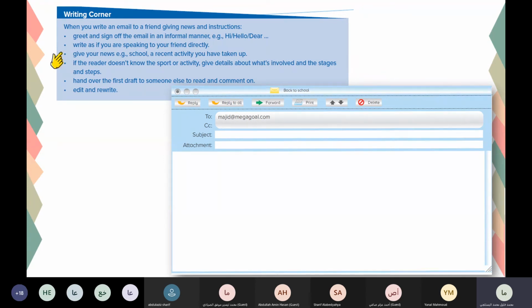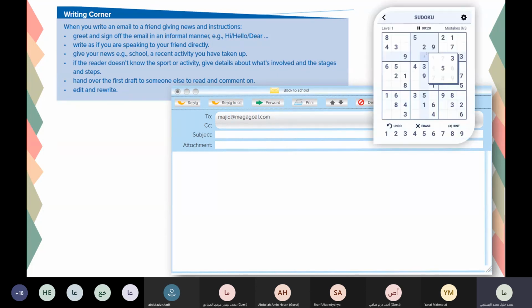To give your news, for example, talk about your school, a recent activity you have taken up, etc. If the reader doesn't know the sport or activity, you have to give more details about what you are talking about. Then hand over the first draft to someone to read and comment on, edit and write.